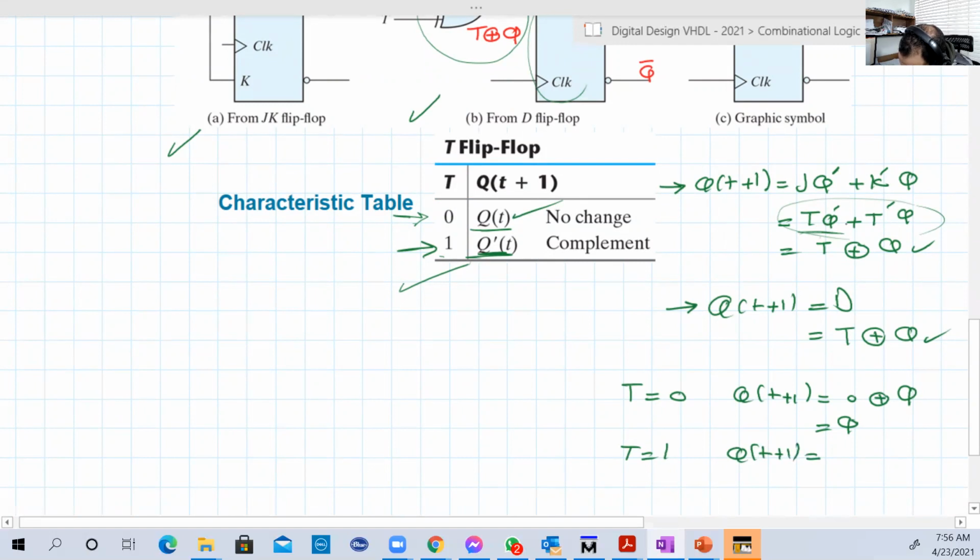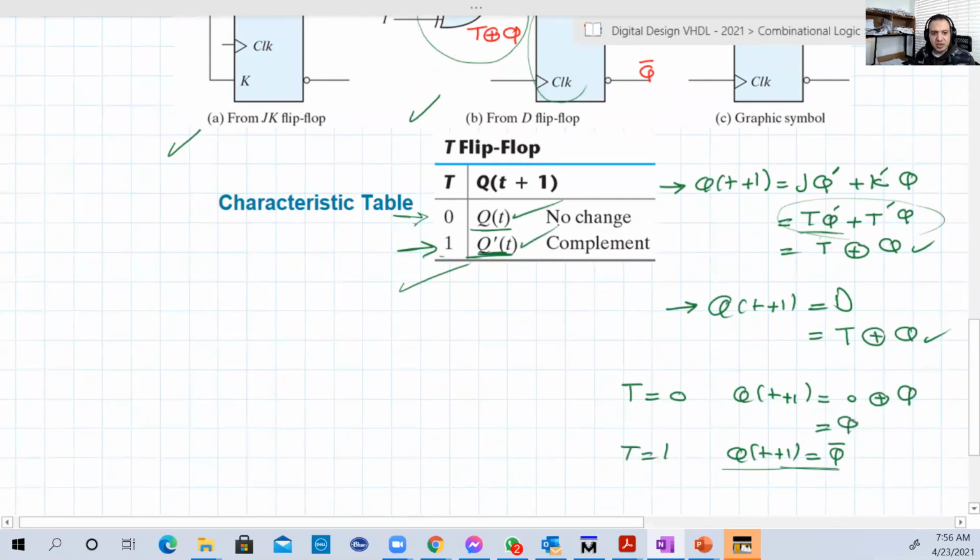T is 1, so 1 times Q bar, plus T bar. T is 1, T bar will be 0, 0 ANDed with Q will be just 0. So Q of T plus 1 is equal to Q bar. The second line here. Okay.